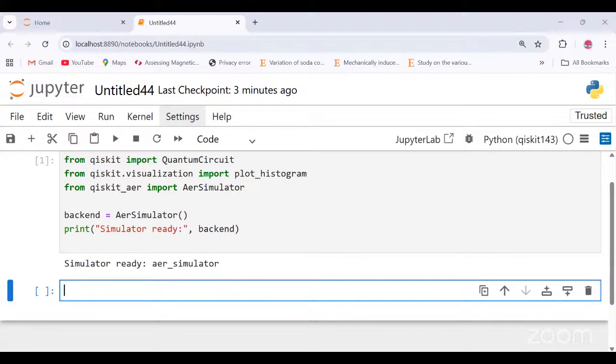We imported the quantum circuit and the Hadamard gate, then measured all the values in the Qiskit style. We ran 1,000 shots there. Now we are creating an entanglement circuit, so for that we are writing one code here.